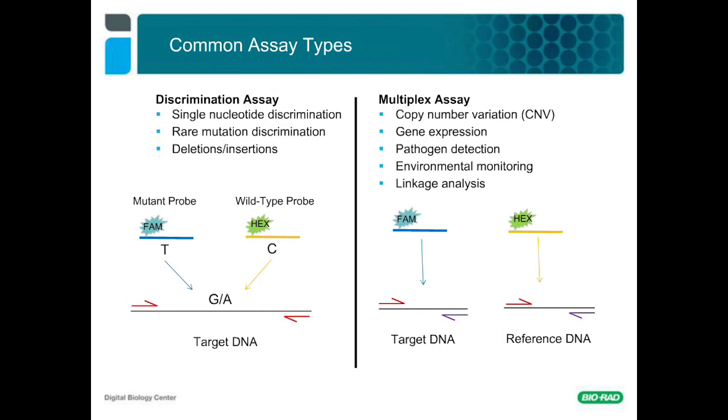On the right, the common multiplex assay is diagrammed showing two or more unique targets amplified using two or more primer sets, as well as a unique probe for each. This assay type is typically used for copy number variation, gene expression, pathogen detection, environmental monitoring, and linkage analysis.